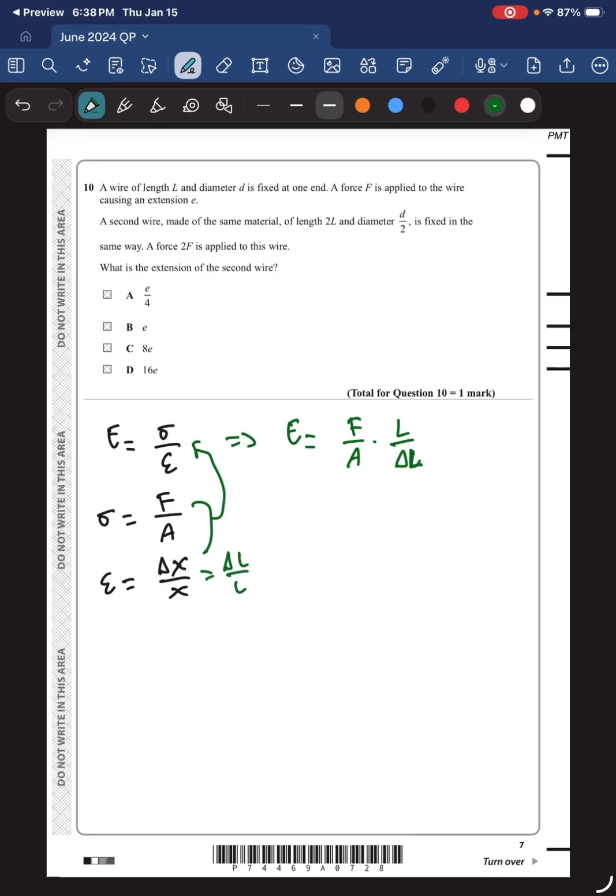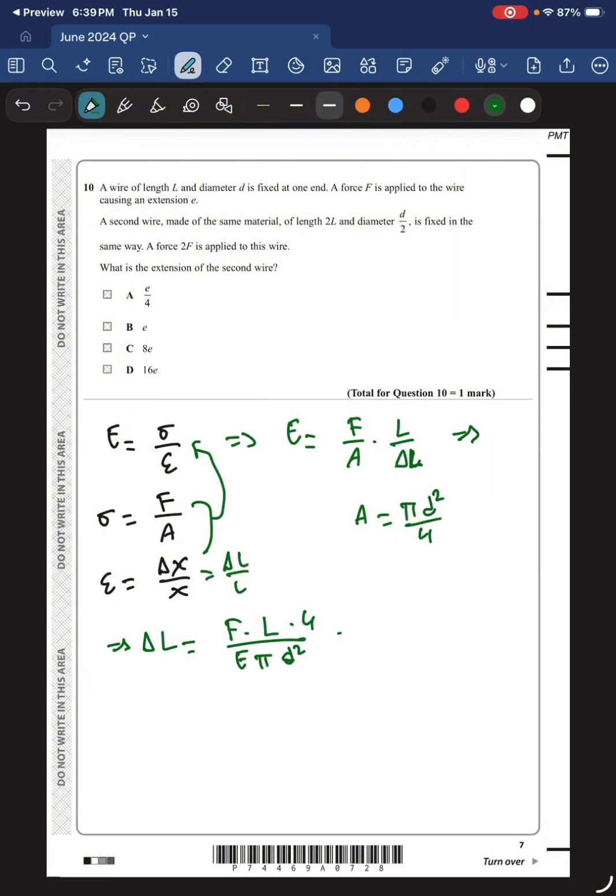Where I use delta L instead of delta X, but it's the same thing. So we have to solve for delta L because this is what we need. So delta L is F times L times 4 over E and then pi d squared, okay? And I use that A is pi d squared over 4, okay?